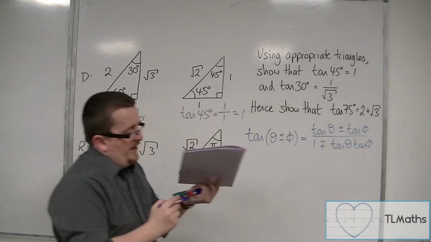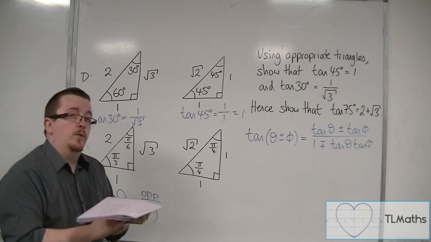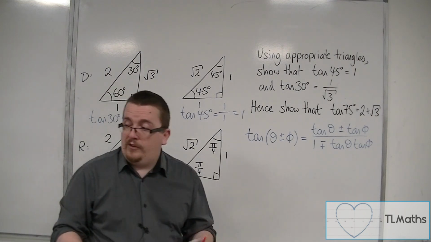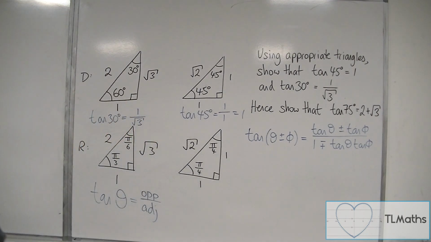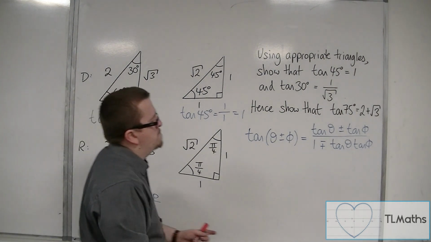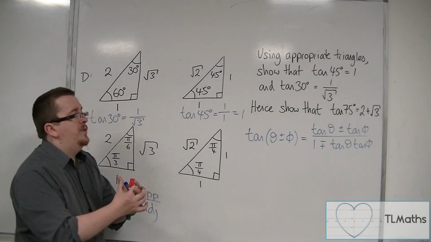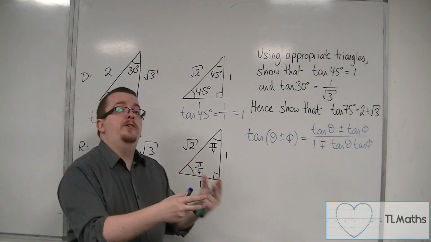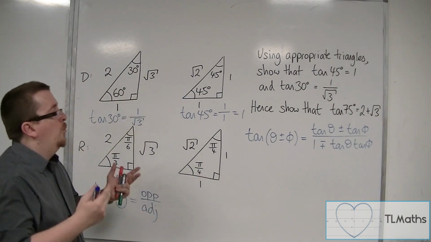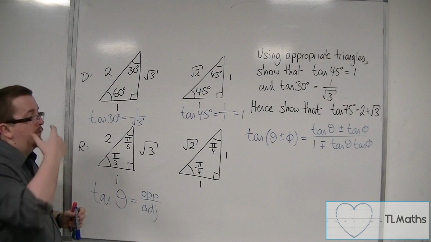Now, this is coming right out of the blue, as something that looks particularly strange. All I want to do is show you how it can be used in this problem and why we will want to have these triangles.